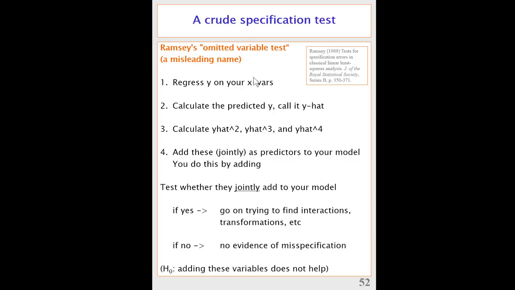So what the test does, and that is something that you have to realize quite clearly here, is given the predictor variables that you have, did you transform them enough so that all the variation that we have in y is being picked up? And it doesn't say anything about whether or not you should include another predictor variable that you didn't include just yet, even though it's called omitted variable test.